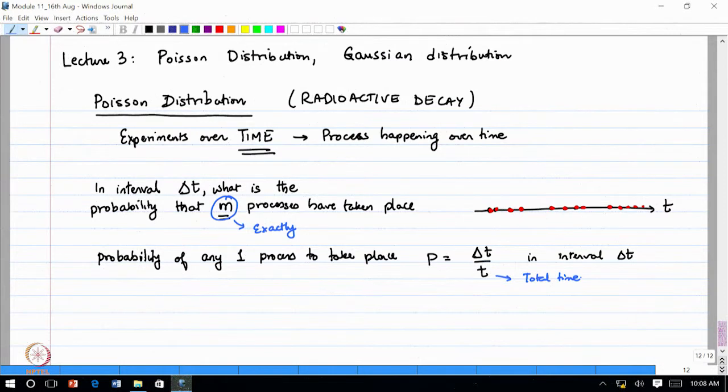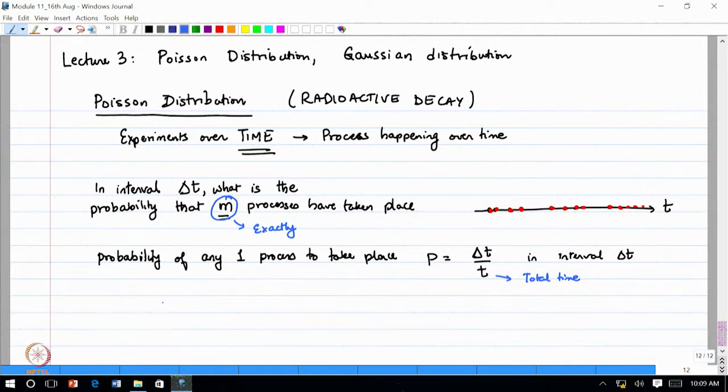That means during each interval there is a probability that the event takes place, which is delta t by t. So over this whole time t, the probability that it will decay over this entire time t goes to 1.